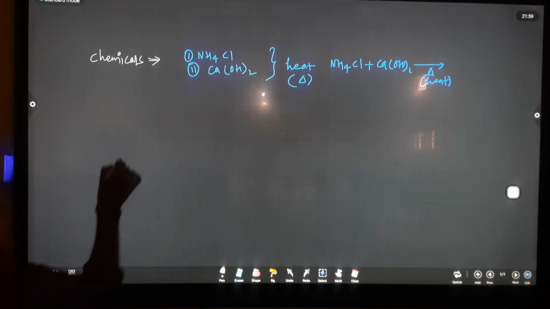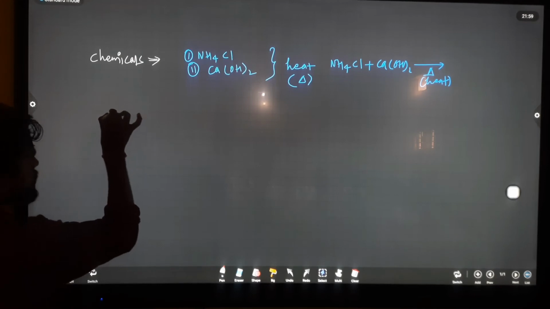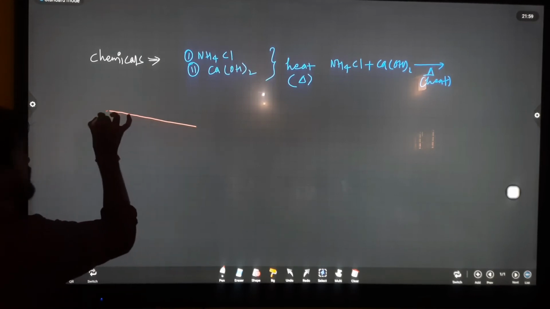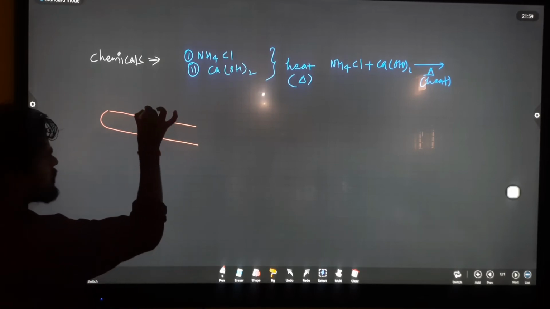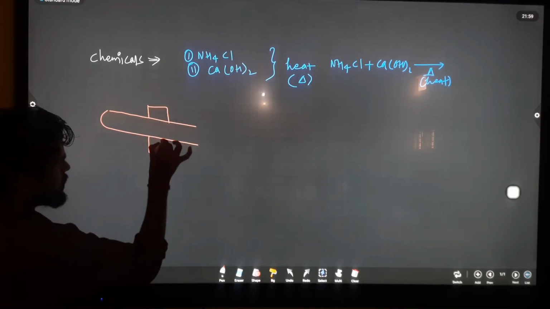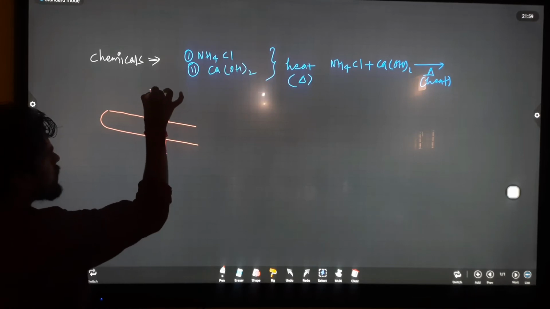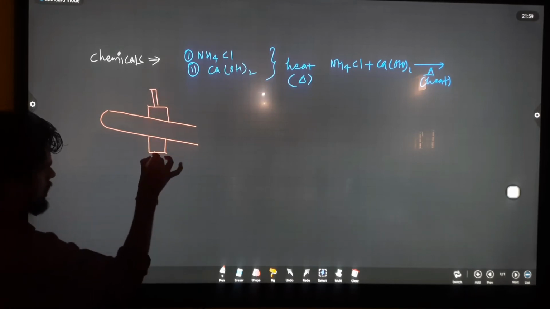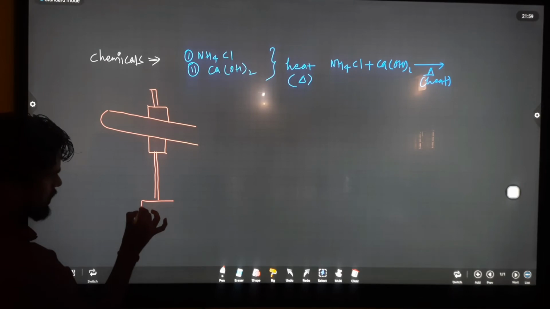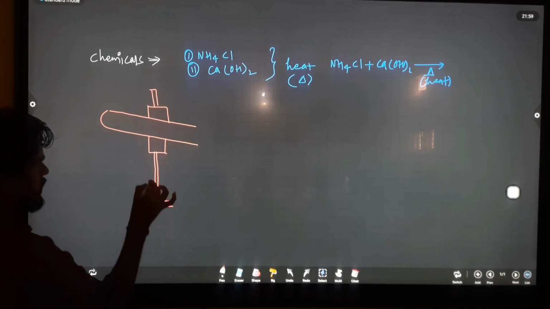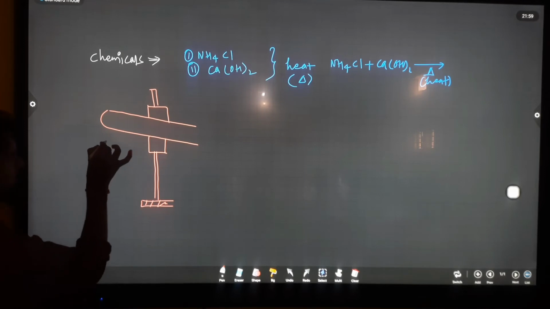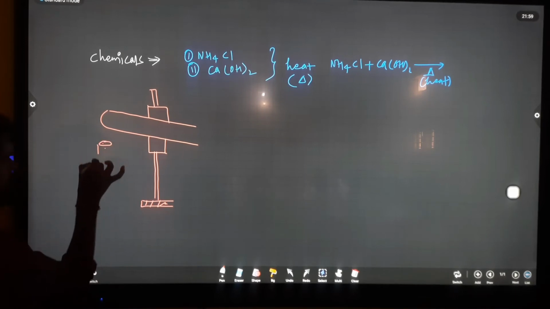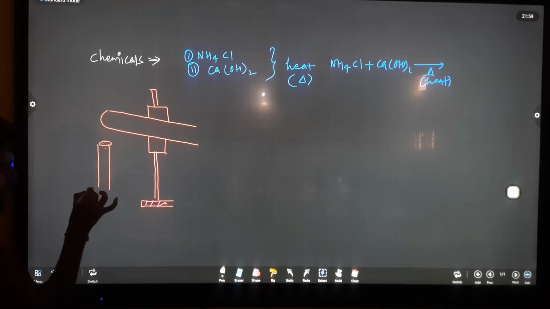We also need a stand. Similarly, we need a source of heat, a Bunsen burner. So we need a burner.